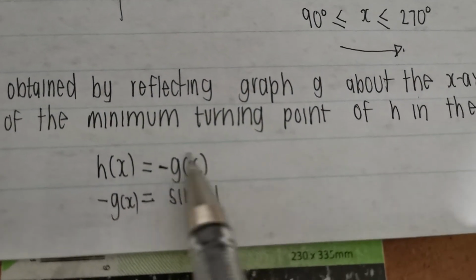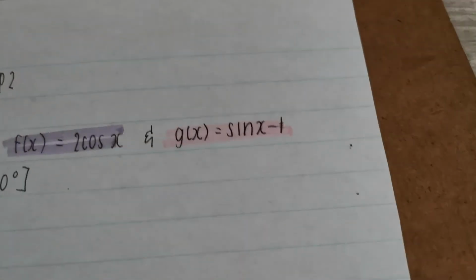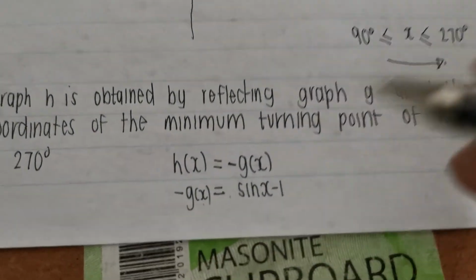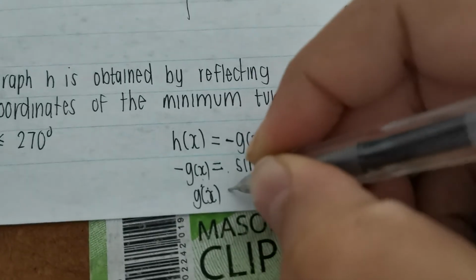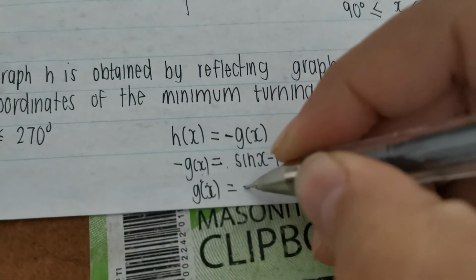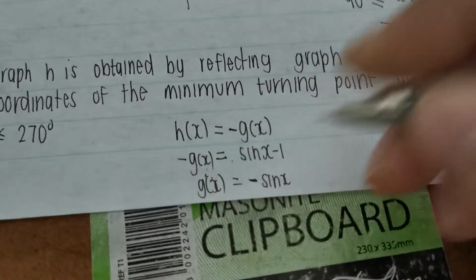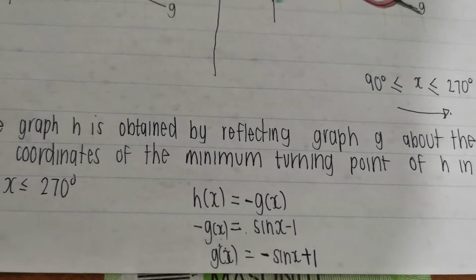What I did is I took this here, and we know g of x is what I just showed you over here, right? But I don't want this negative over here. I want g of x on its own. So I'm going to say h of x is the same thing as negative sine x, and negative divided by the negative there, plus 1. That's what it is. So that's the graph of h of x.